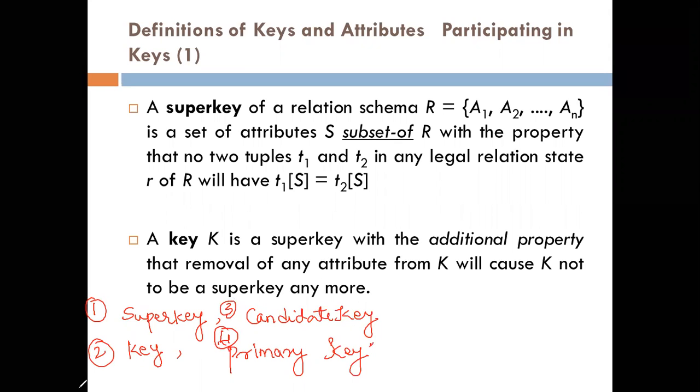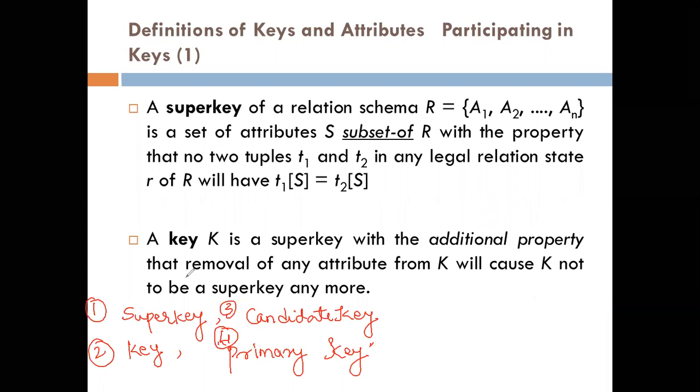There is a difference between these four terms, and half of the database concepts will be clear if we understand the difference between these four. So we shall look into these four concepts. Only once we understand these four is it possible for us to move on and discuss the various normal forms.